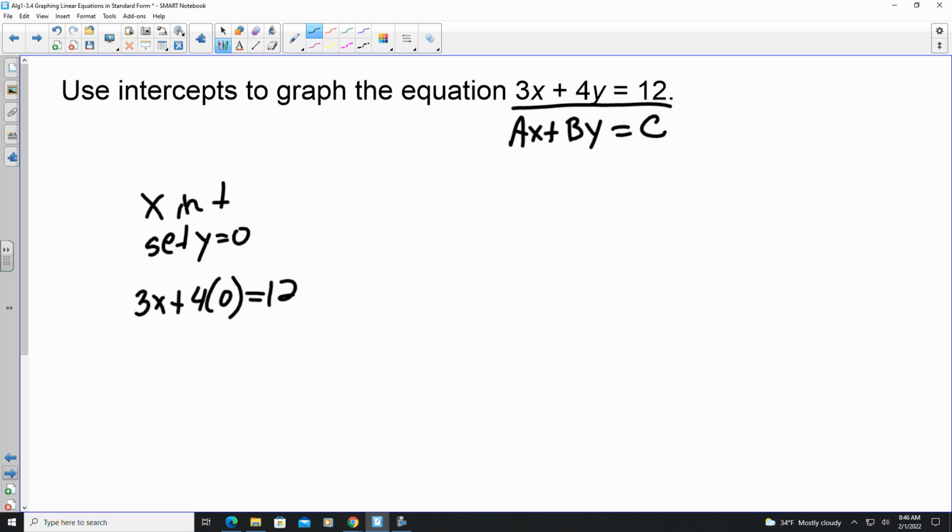Now 4 times 0 is 0, so I have 3x is equal to 12. Dividing by 3 on both sides, x will be equal to 4. So 4 is my x-intercept, and the location of this is going to be 4, comma, 0. All right, let's get a graph.